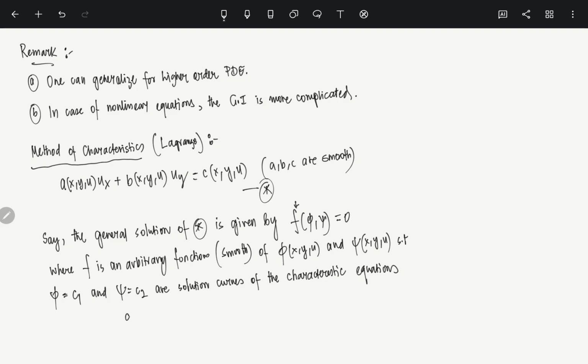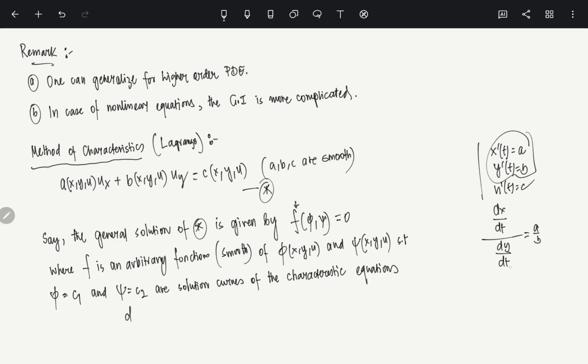What is the characteristic equation? See, if you remember from the earlier case, what do we have? x prime t equals a, y prime t equals b and u prime t equals c. So if you put, let's say, these two together, what is going to happen? dx by dt by dy by dt equals a by b.